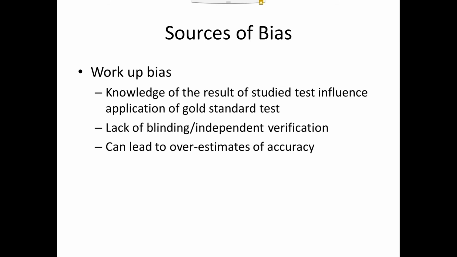Another potential source of bias is that if you know the results of the test that is being studied, you treat the people differently, especially when it comes to application of the gold standard test. It can occur especially if there's a lack of blinding and independent verification, and can cause you to overestimate the accuracy of your studied test.